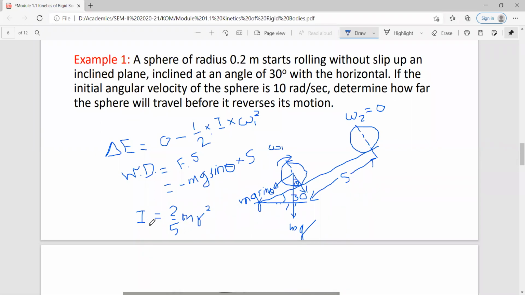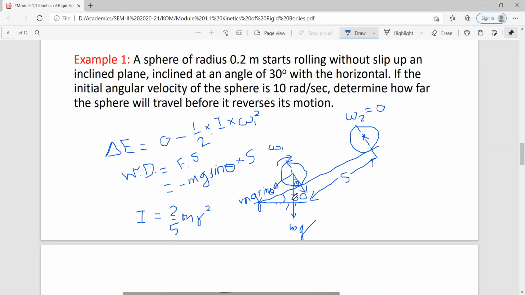So this particular mass moment of inertia is about the centroidal axis, the axis which is passing through the centroid. For example, here, the axis which is passing through the center, around that, this is the mass moment of inertia.